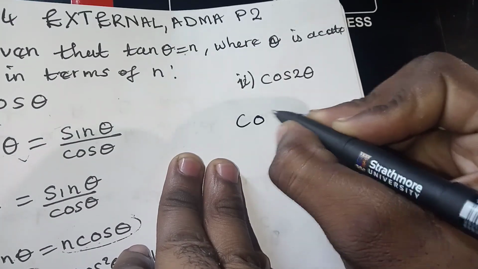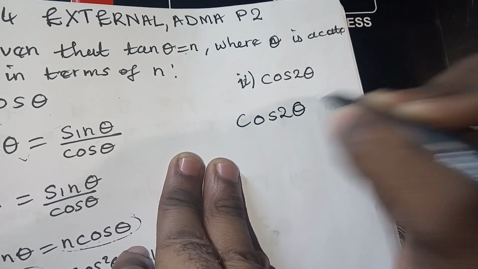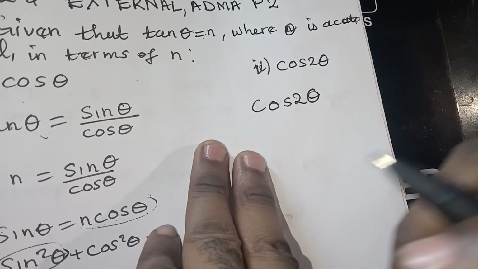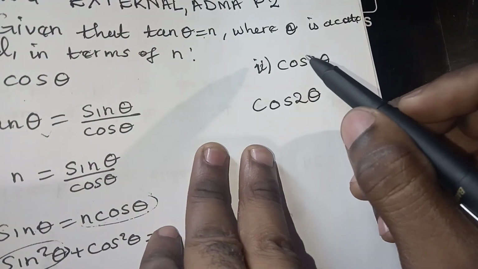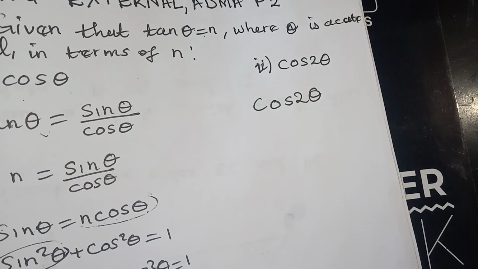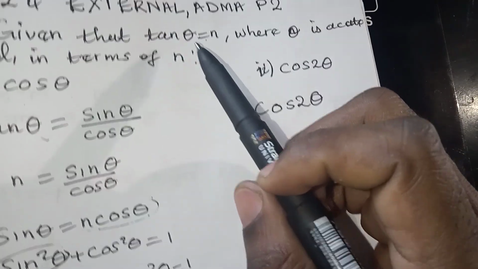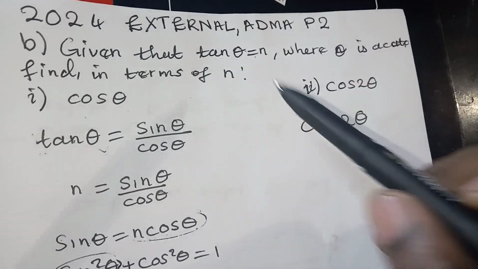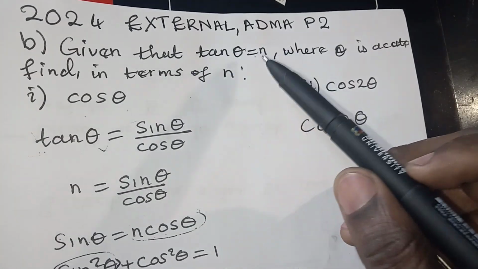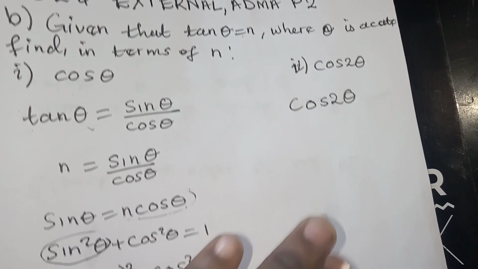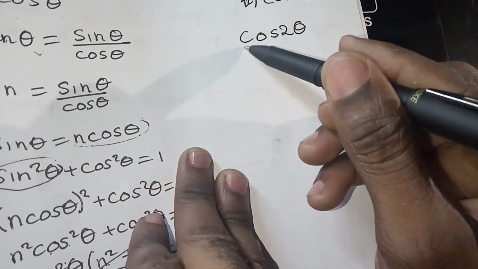So here we have cos 2 theta. We want to find this using the only information we have in the opening statement, which is tan theta is n and theta is an acute angle. So we can expand this.